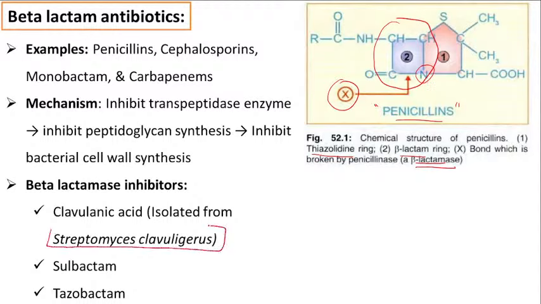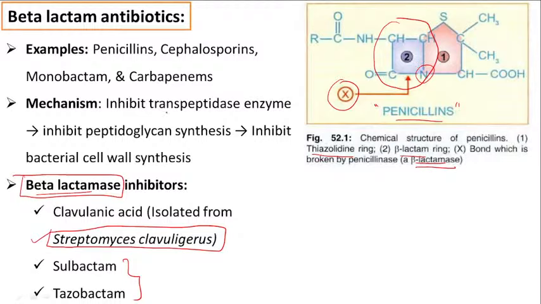Clavulanic acid is natural, an antibiotic because it is isolated from the organism, while the other two are semi-synthetic.